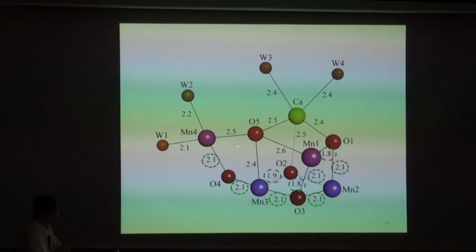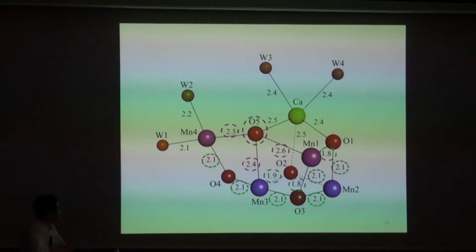However, this O5 oxygen has an unusually long bond distance towards nearby manganese ions, in the range of 2.4, 2.5, and 2.6 angstroms. And this bond length is never found in inorganic manganese oxide.